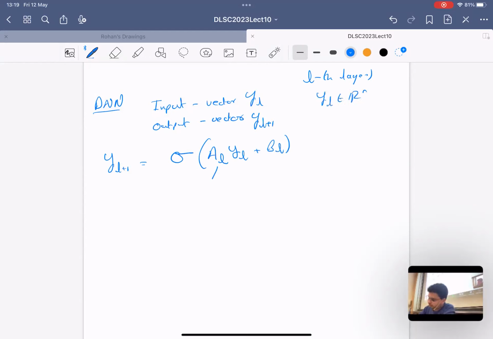In other words, sigma of (u_1, up to u_n) is equal to (sigma(u_1), up to sigma(u_n)). This is the pointwise application of the nonlinearity. This is how deep neural networks operate.